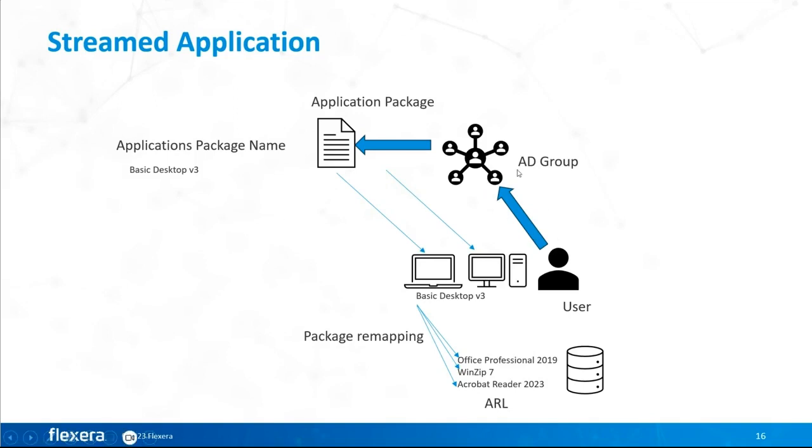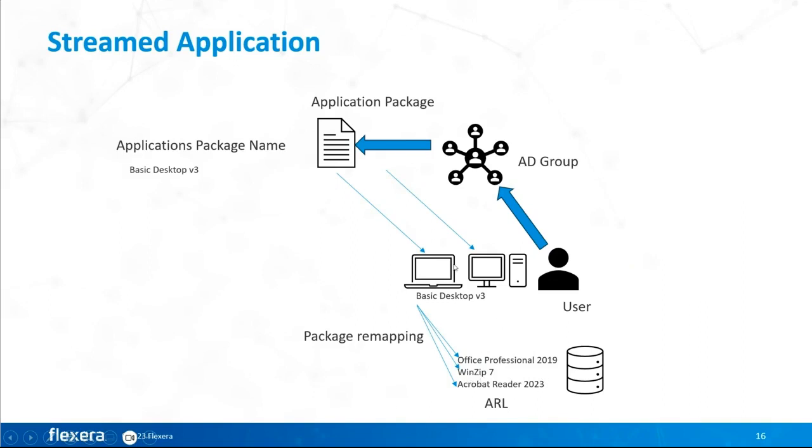And the AD group, again, same story. The user belongs to a number of AD groups. Each AD group could give access to a number of packaged applications, knowing that an application could be WinZip 7, or could be a basic desktop that itself includes WinZip 7, Office Professional 2019, and Acrobat Reader 2023.